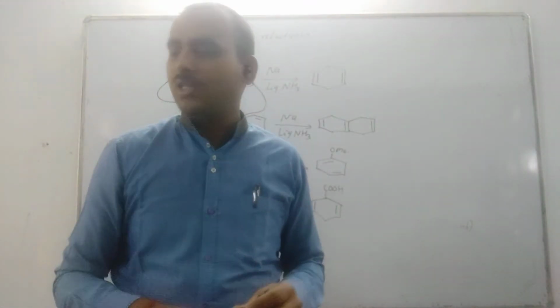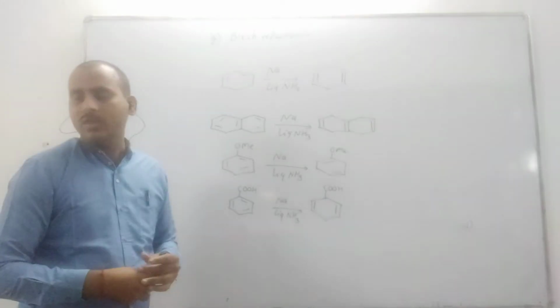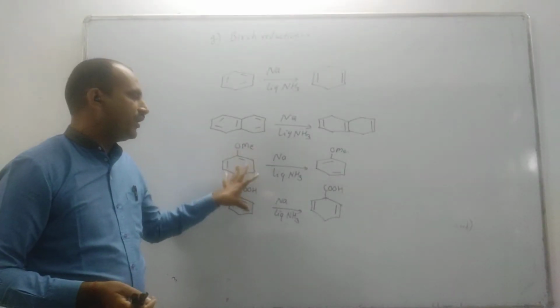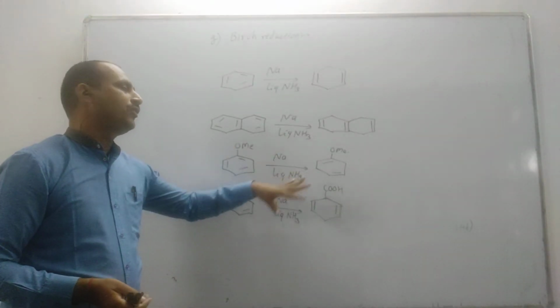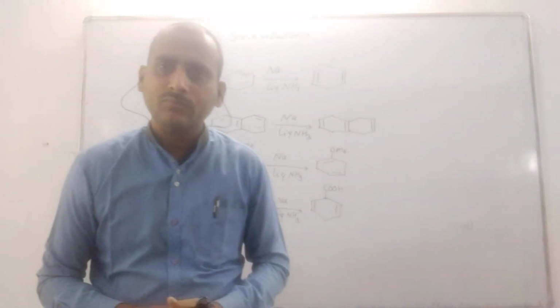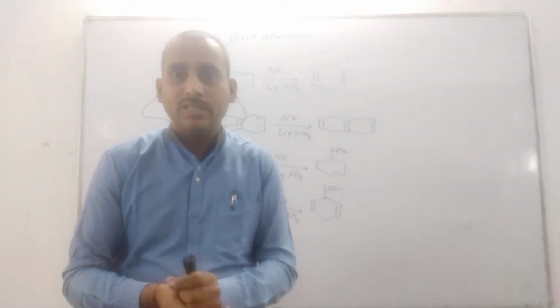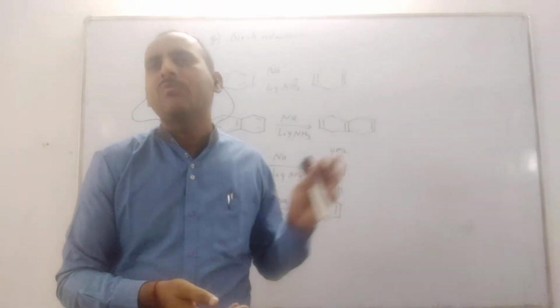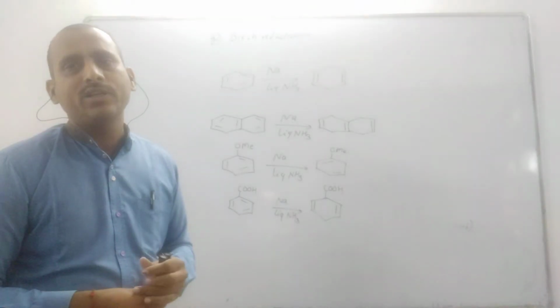So two different products are obtained, when donating and withdrawing groups are both present. Only the COOH group is an electron withdrawing group, showing such a type of 1,4 reduction in which the COOH group is present on the saturated carbon.